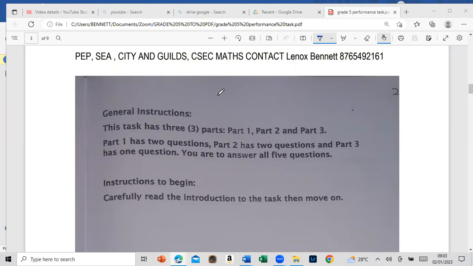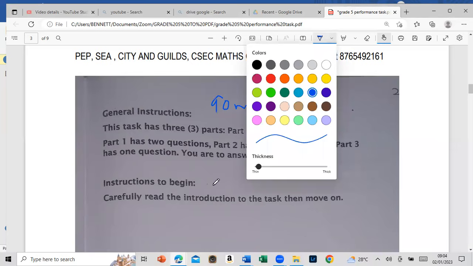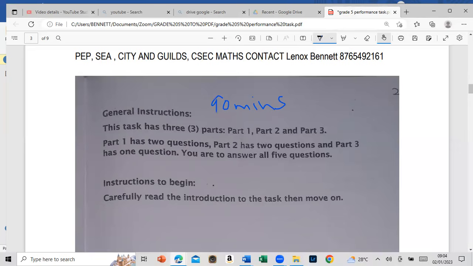So basically, you have 90 minutes to complete this. I'm gonna use black. Definitely gonna use black. So let's get right into it, guys. So we're gonna move to question 1, but you know, black is powerful.